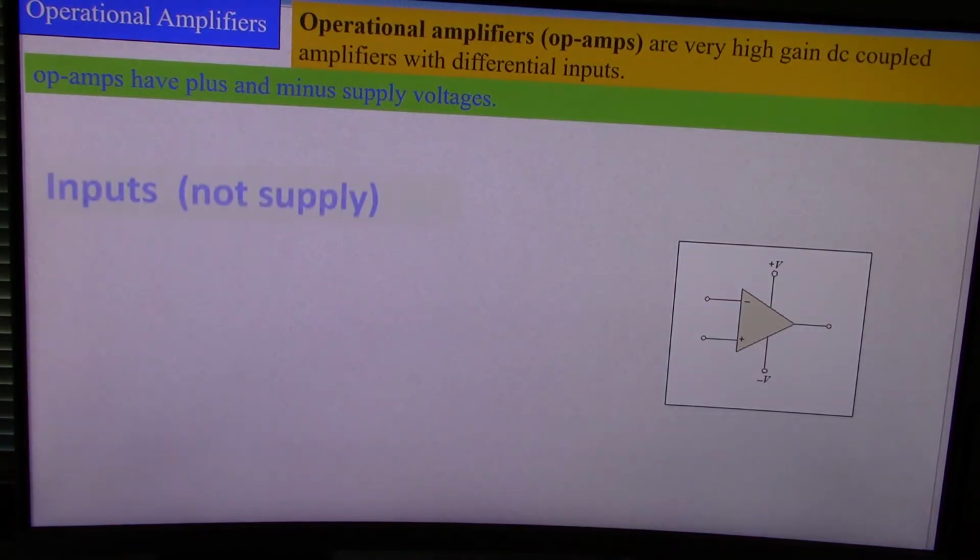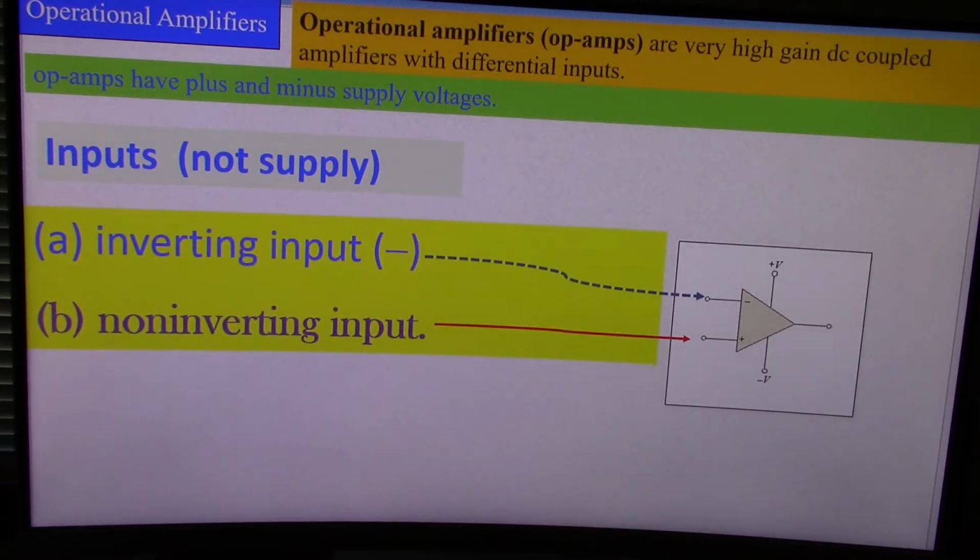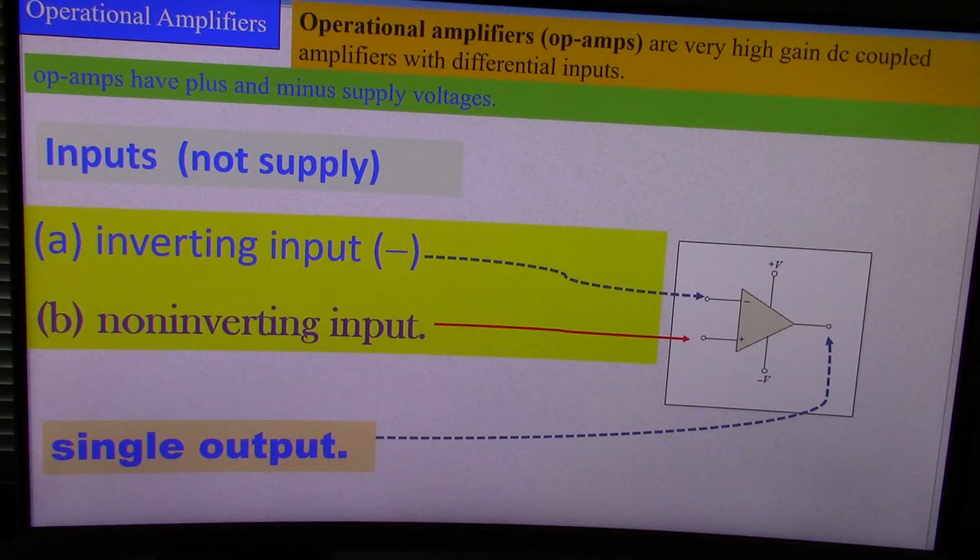Okay, so we talked about the inputs, which is these two, and I mentioned that this is the inverting input and this is the non-inverting input. That's because of the negative here. And it has 1 output.